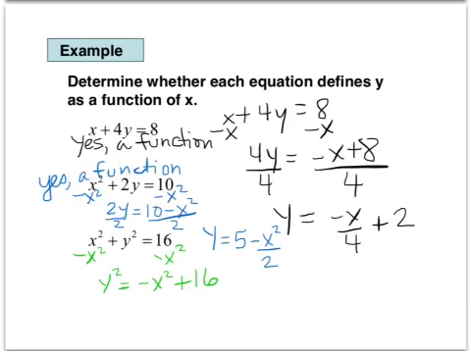Now to finish solving this, we're going to have to take our square root. And what happens when we take a square root is we can get the positive or the negative of whatever we have under here. And that's what makes this not a function.